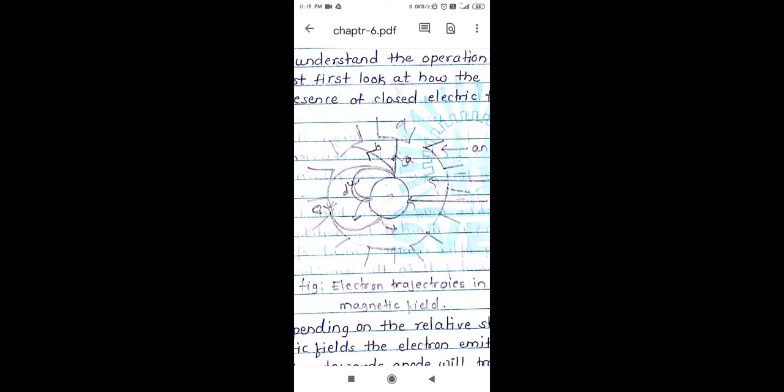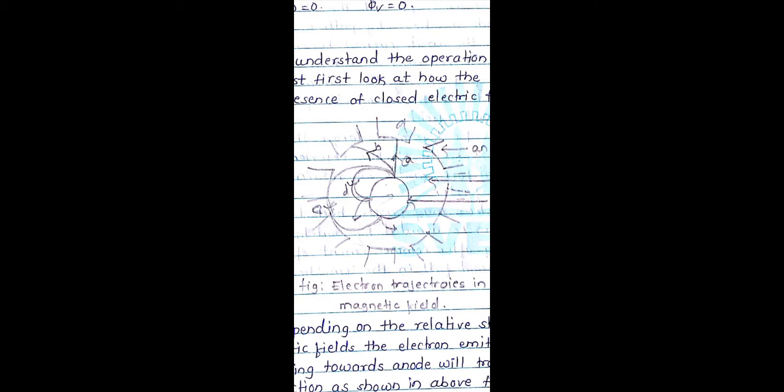That means at one instant, the strength of the magnetic field is made sufficiently high so as to prevent the electrons from reaching the anode, as shown in path C in the figure. The anode current becomes zero.